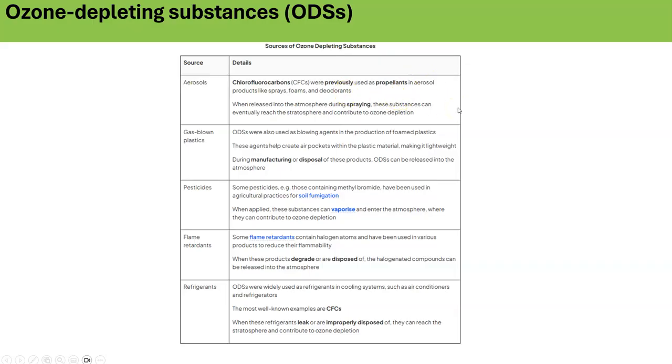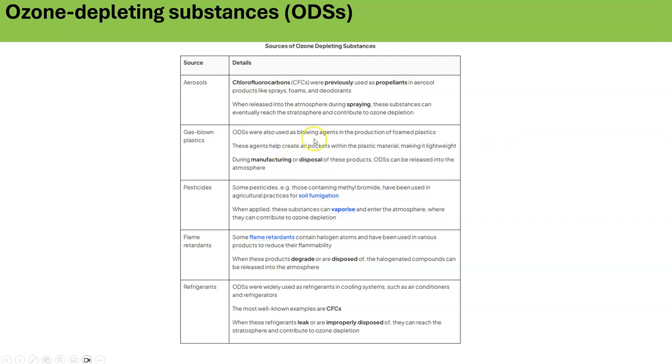These were used as propellants, so made aerosol cans, spray cans, foams, and deodorants, so that you can get the chemicals that were in the deodorants to actually fly out. So due to spraying of these types of canisters, we got these CFCs, as they're abbreviated, going into the atmosphere and reaching the stratosphere.